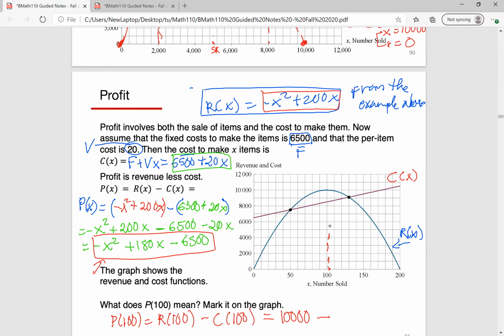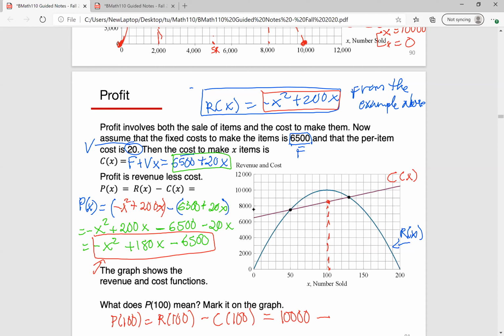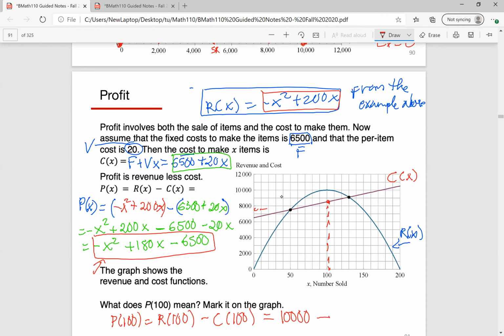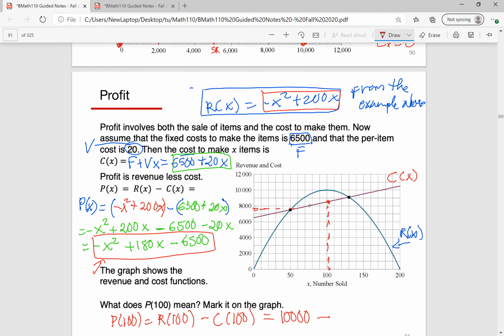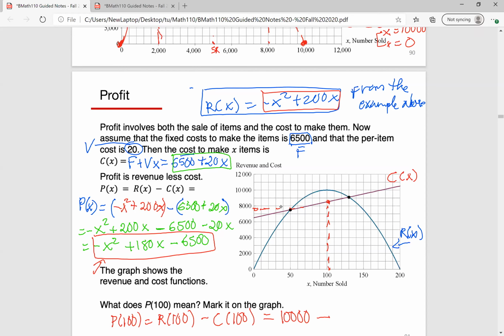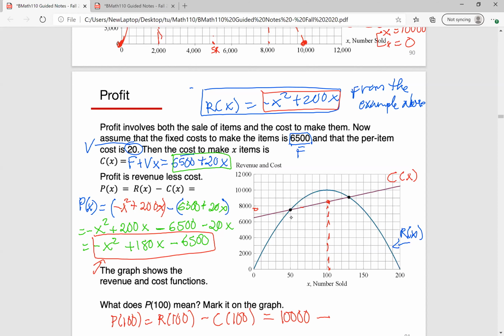Go back up to the graph of the C of x here, and that should be about 7,500. Oh, actually, no. My eye is terrible. Actually, that should be 8,500. Or you can substitute into the C of x here, right?